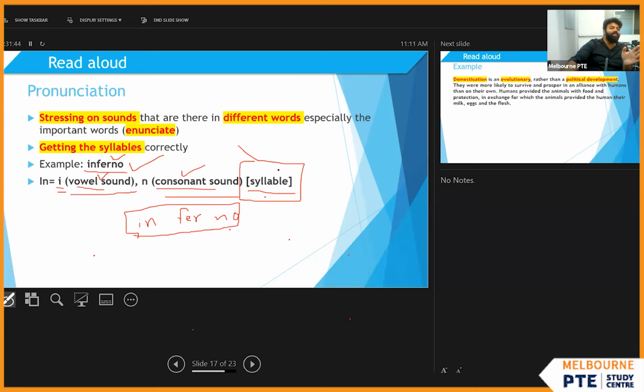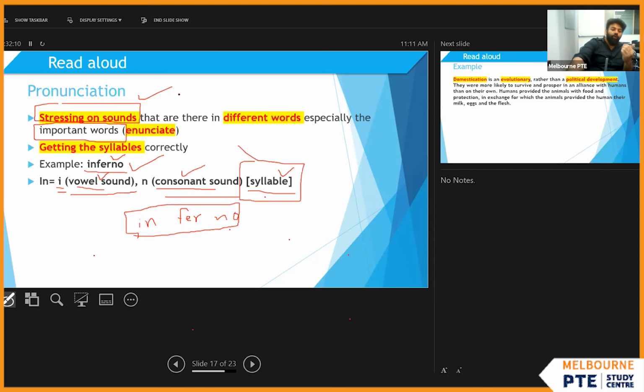What it does know are syllables, and then based on syllables it makes sense of the whole word. Okay, so what you do is, especially for your important words in a line in your read aloud, try to put a bit of stress on them, as in like I will say, try to say them more clearly and loudly so the computer can detect those properties.